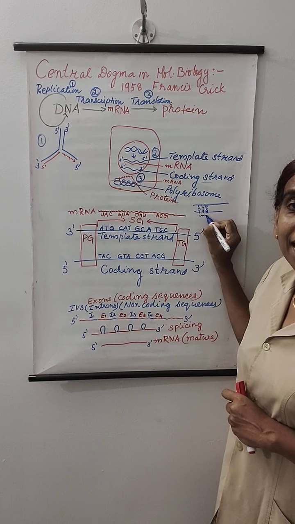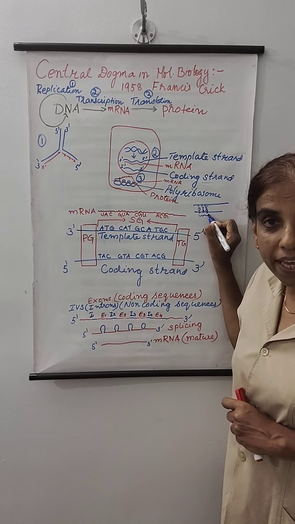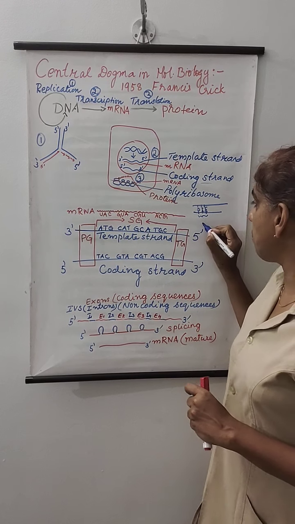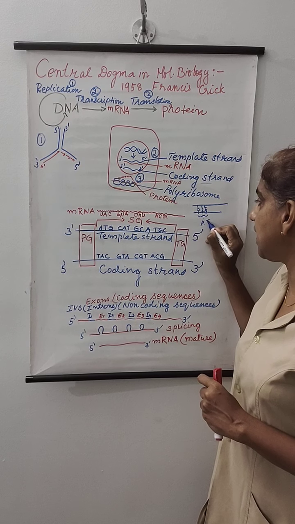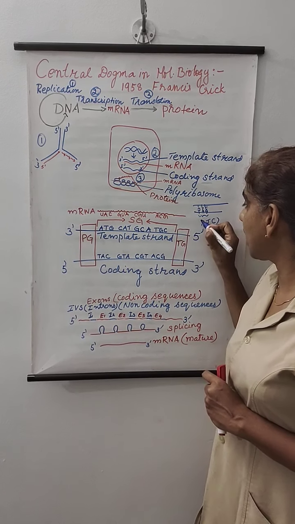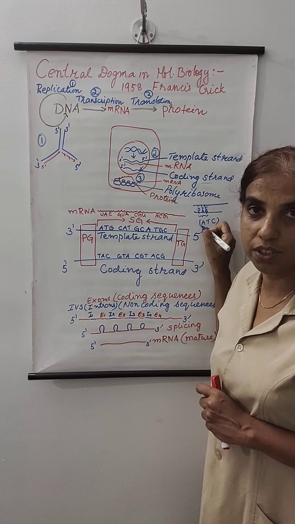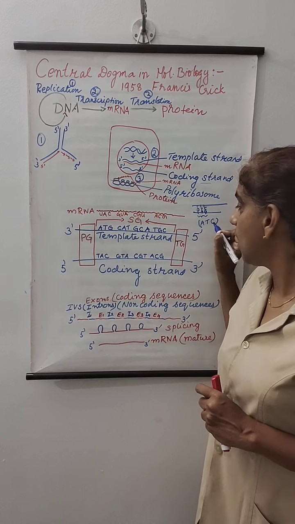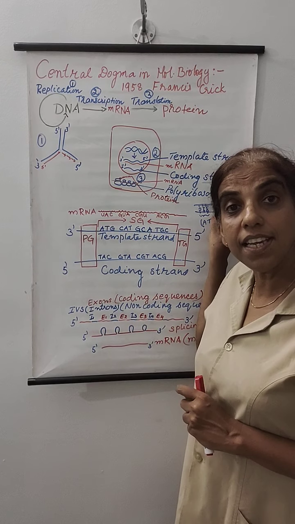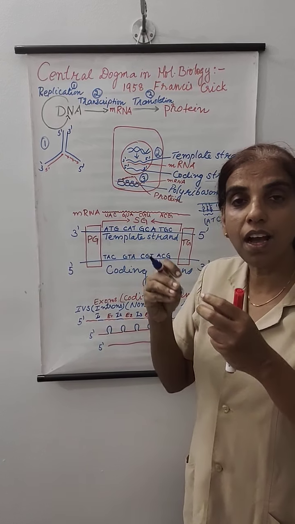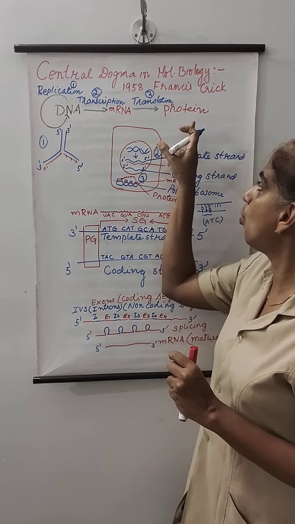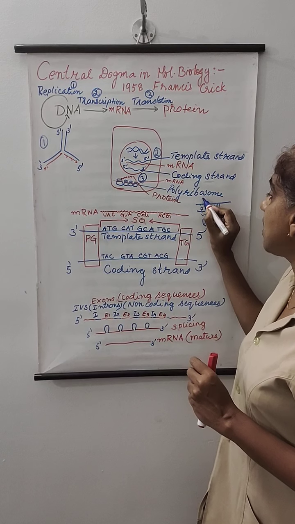This way the complementary base pairing happens. So when three nitrogen bases, for example adenine, thymine and cytosine, come together, you get a triplet code. Three nitrogen bases come together and make a code. You call it a triplet code for making each amino acid.